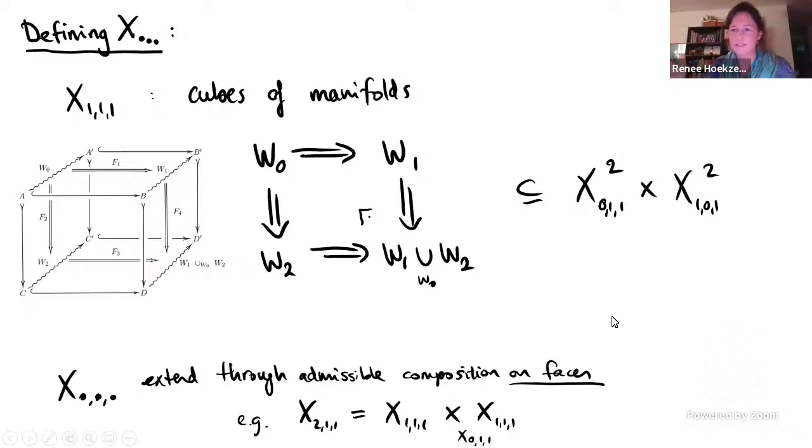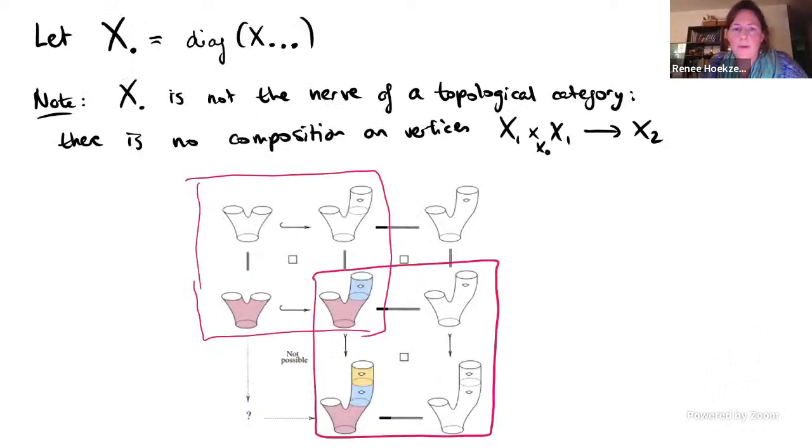And now this is enough, I can define the rest of my trisimplicial space using simplicial composition on faces. Whenever two cubes are sharing a face, then I can glue them together. Of course, if I take the realization of this trisimplicial space, I'll want to work with the diagonal.